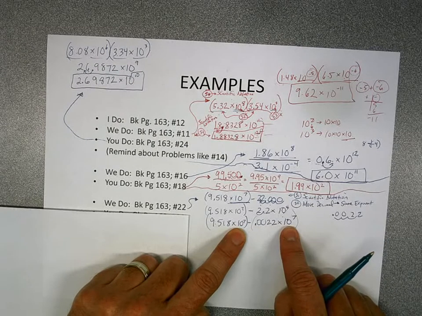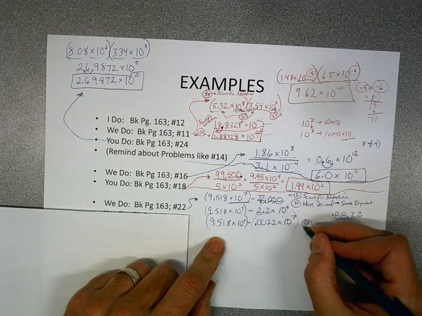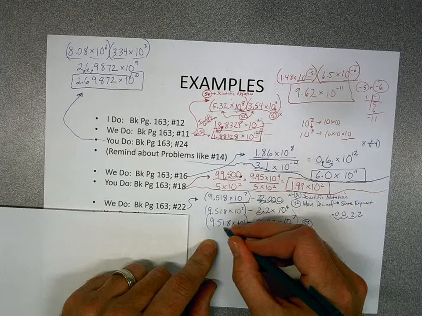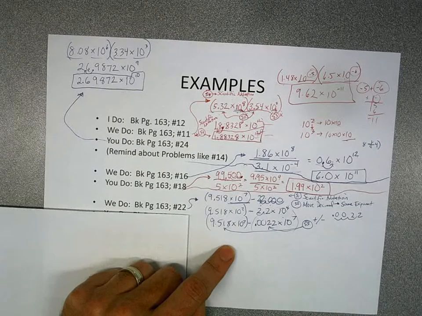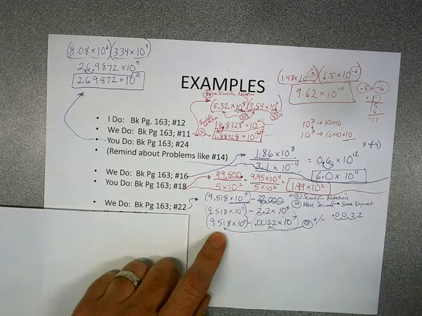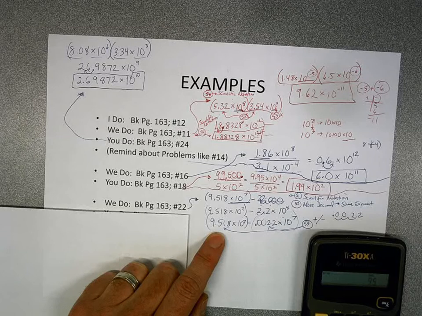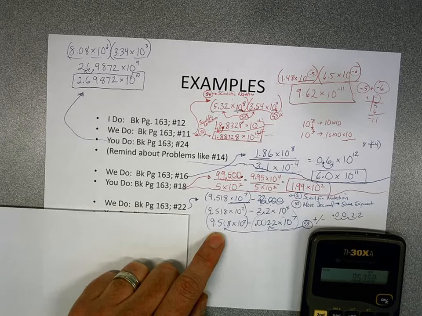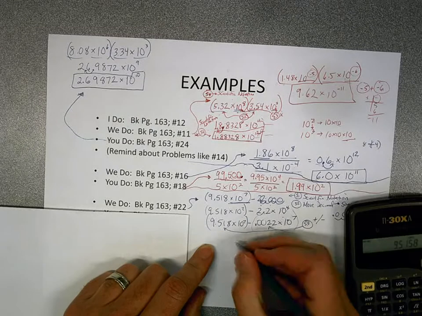I am just going to do step 3, and that is I'm going to add or subtract, because the steps are the same if it was an addition problem. In this case, I'm going to subtract those 2 there. So we end up with 9.518 minus 0.0022, and I get 9.5158.